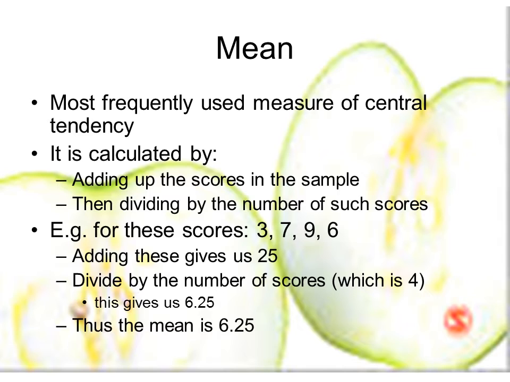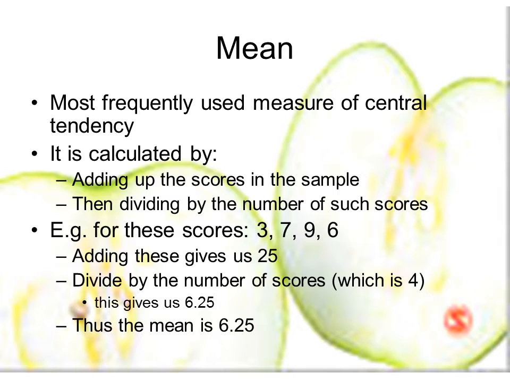And what we would do is divide the total, 25, by 4, because there are 4 scores, or four areas of data, that we would divide by.